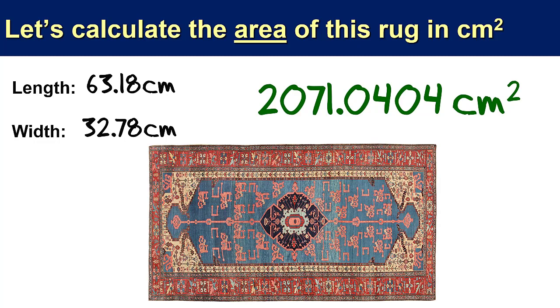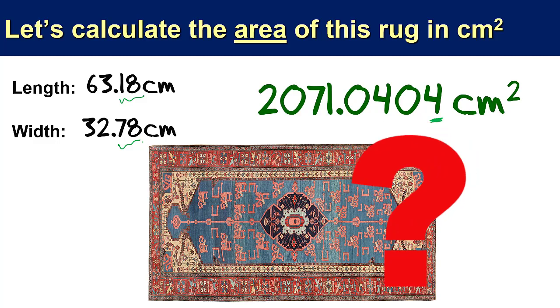Now let's analyze this answer here. If I check out how far out beyond the decimal this goes, to me this looks like it has some level of precision that goes out to the 10th, the 100th, the 1000th, the 10,000th place. That's a pretty doggone good measurement. But when I look at the measurements that went into it, these only go out to the 100th place.